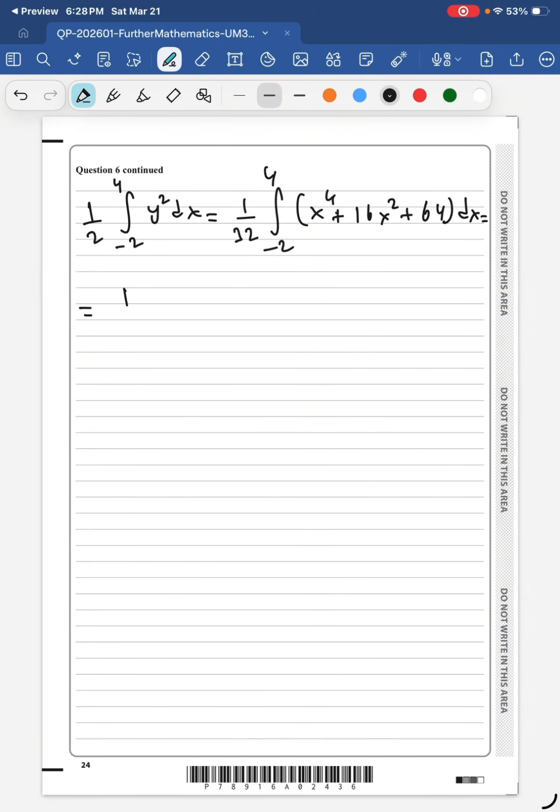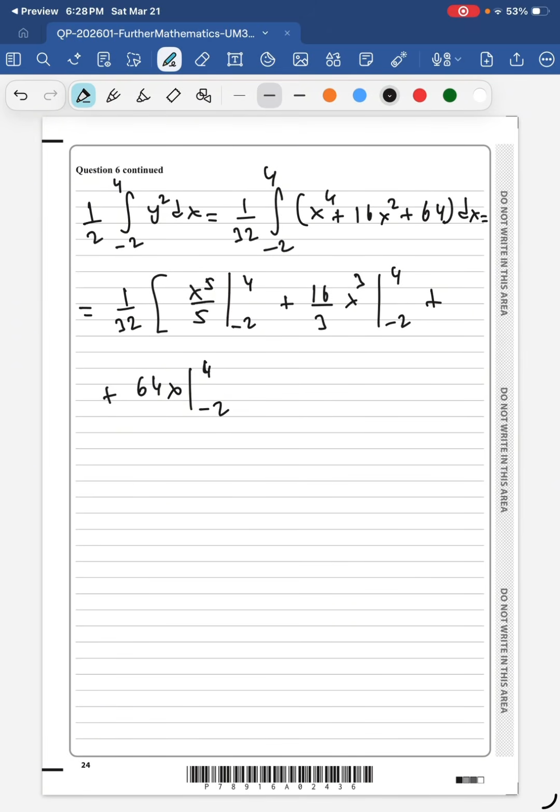Okay, so this is going to be 1 over 32, and then x to the 5th over 5 from minus 2 to 4 plus 16 over 3 x cubed from minus 2 to 4 plus 64x. I'm sorry it's tedious, but what can we do? I mean, we have to carry out the calculations.